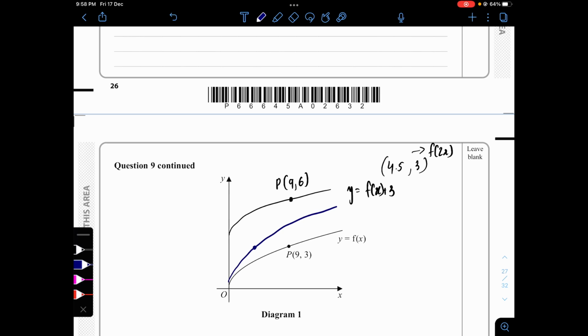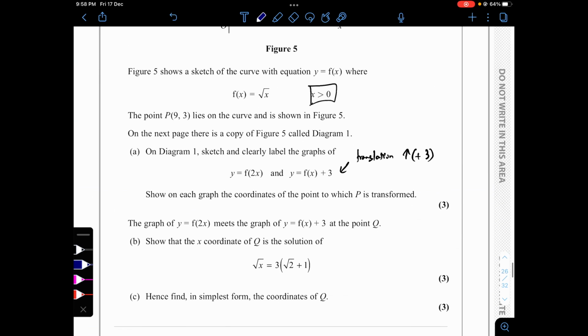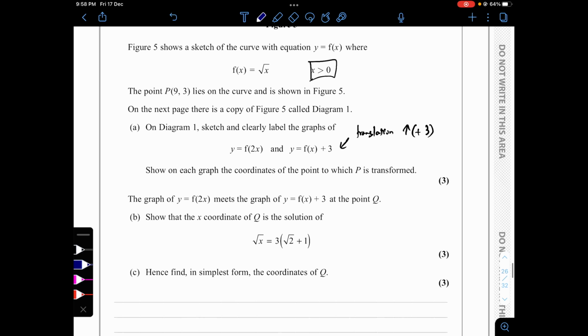So now this point P is 4.5, 3. So this is our y equals f of 2x. Alright, so we have shown on each graph the coordinate of P where it's transformed. The x coordinate is divided by 2 here. Now the graph of y equals f of 2x meets the graph of y equals f of x plus 3 at the point Q.